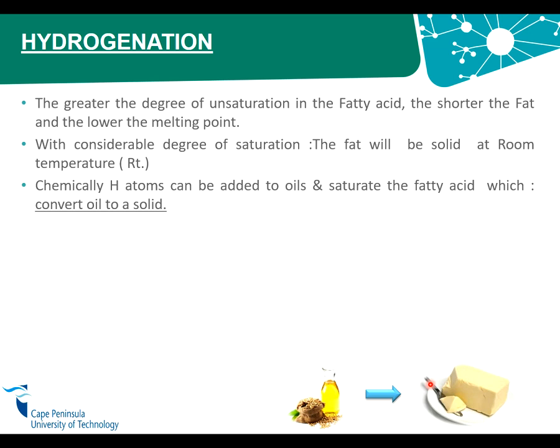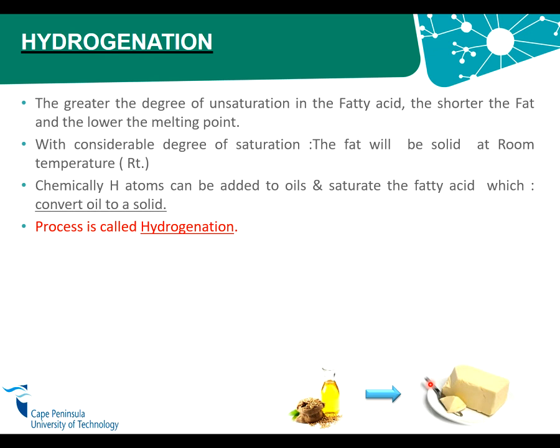So when we want to convert a vegetable oil into a shortening, we use a process called hydrogenation. Basically, this process inserts hydrogen atoms into the oils and saturates the fatty acids. Then that results in the conversion of the oil to a fat.